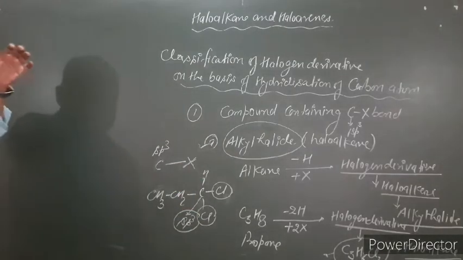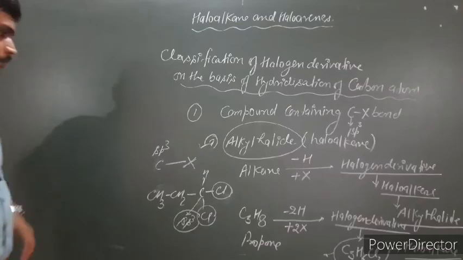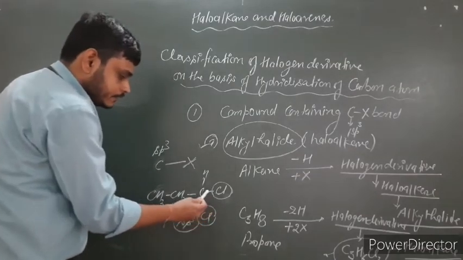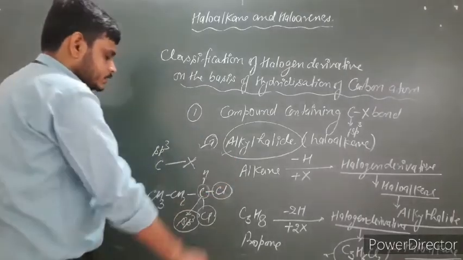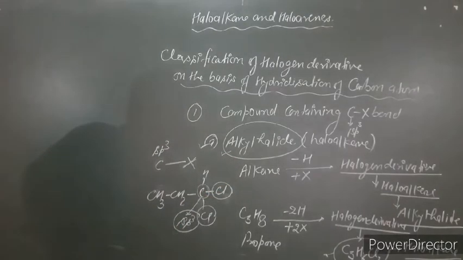So clear now? Because the halogen atom is directly attached with the sp3 hybridized carbon atom, this is an example of alkyl halide or haloalkane.